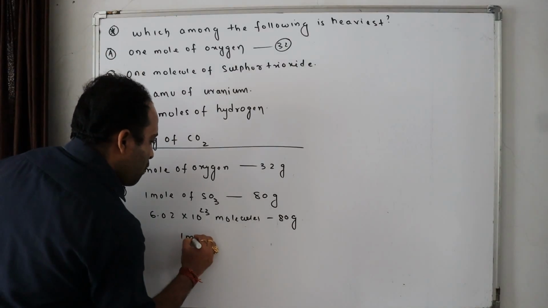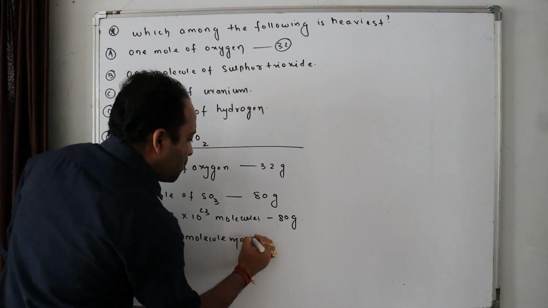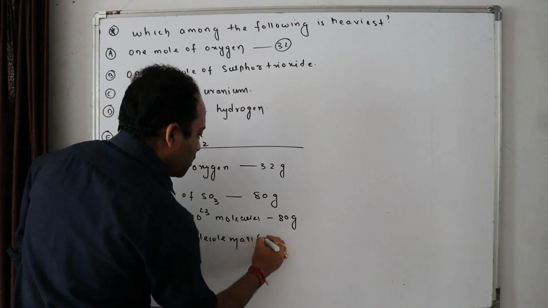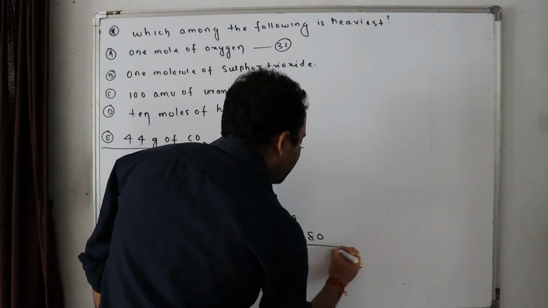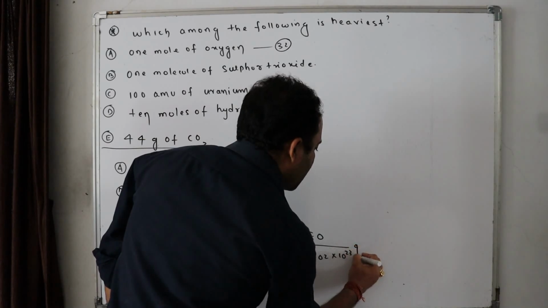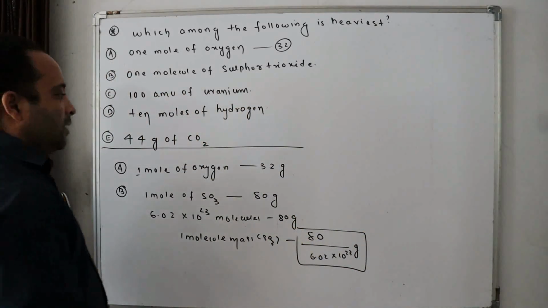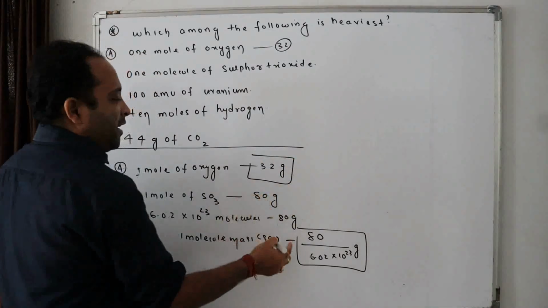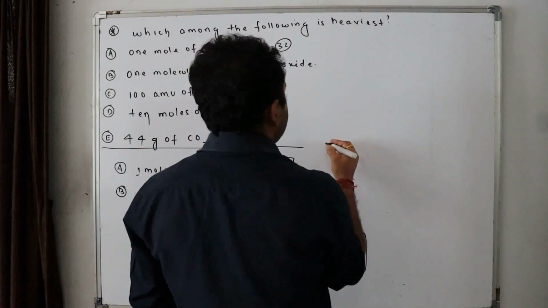Now one molecule mass of sulfur trioxide is how much? 80 by 6.02 into 10 to the 23 grams, isn't it? Clear? This was 32 and this is 80 by 6.02 into 10 to the 23. Very, very less value. B.